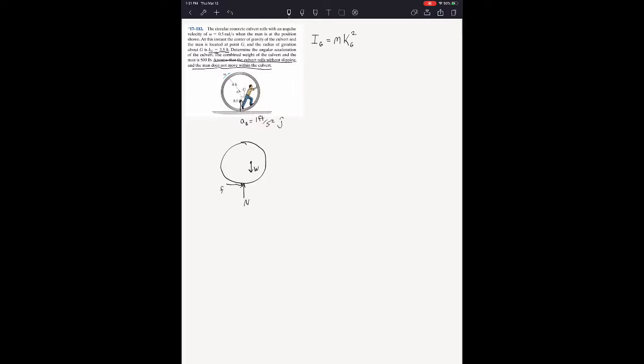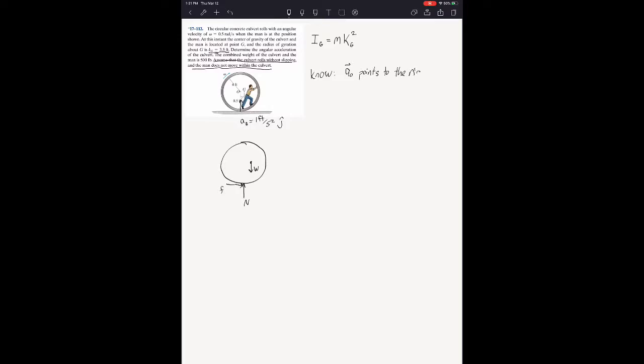The motion of the center can be thought of in relation to that, and the acceleration of the center of gravity can also be thought of in relation to that. As this thing rolls, there's one thing I know for certain. Let's take note of what we know. I know that the acceleration of O points to the right.